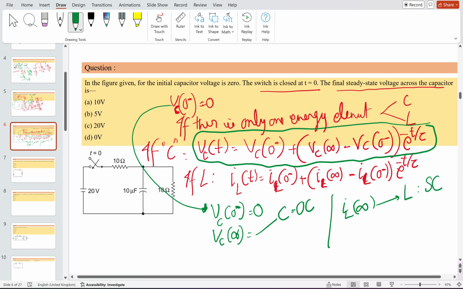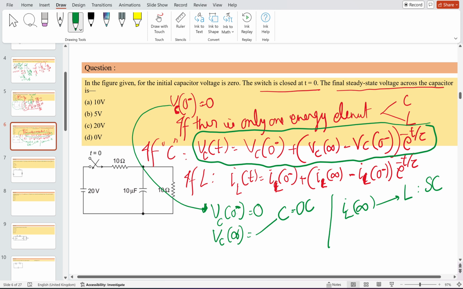It got saturated under the steady state situation, so it cannot hold more charge. It reached its maximum limit, that's why it behaves as open circuit. Open circuit means it cannot hold a voltage higher than what is applied across.